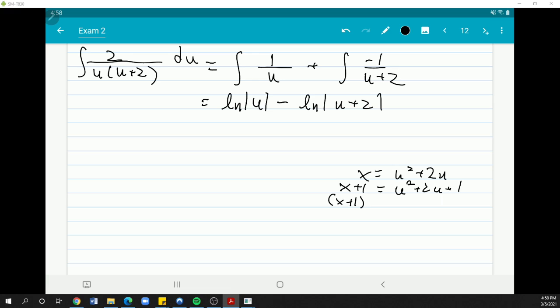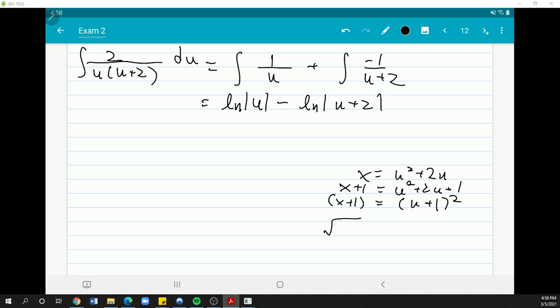So then x plus 1 is equal to u plus 1 squared. So the square root of x plus 1 is equal to u plus 1, or u is equal to the square root of x plus 1 minus 1.